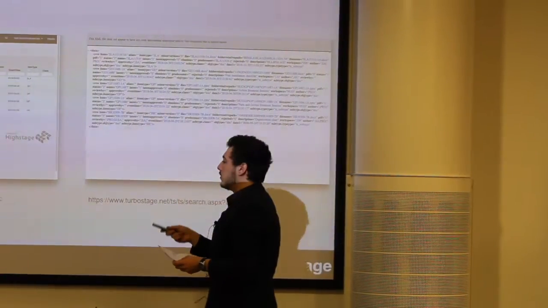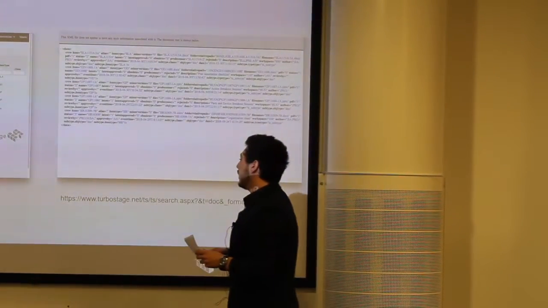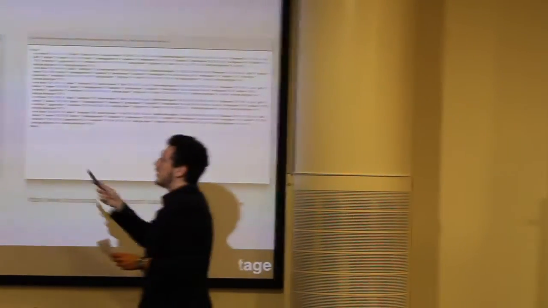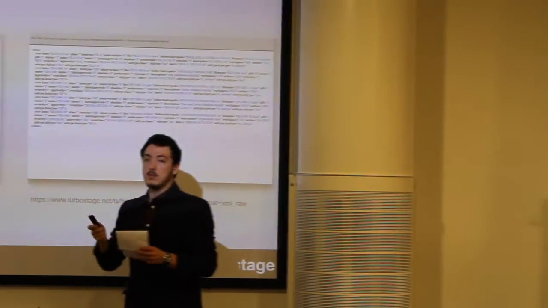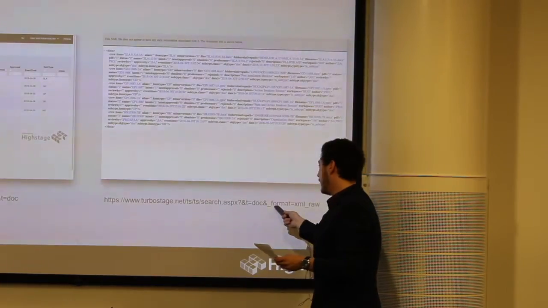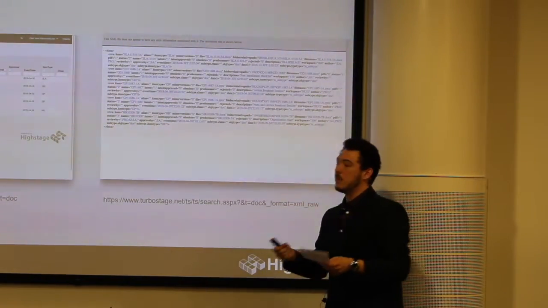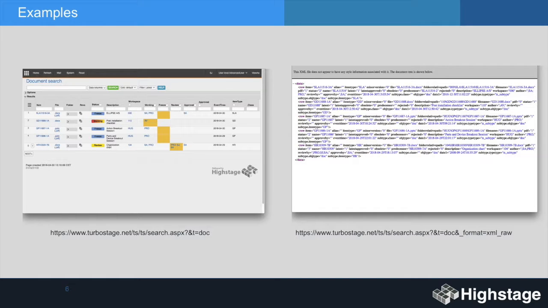So let's say we want to see all the document types in a report. Then we can either use, under options, the export as XML row function from HighStage, or we can add a parameter at the end. And this link can also be customized, depending on what columns we want.